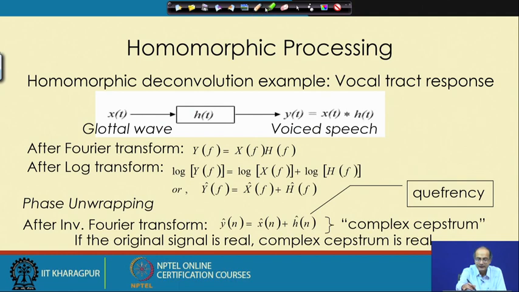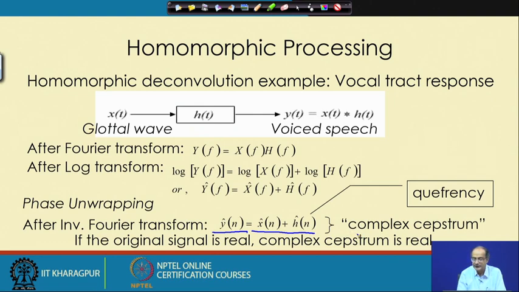and we get back the signal, which is given as y hat, the sum of x hat and h hat n. Here, however, we need to keep in mind that n cannot be said to be the same as the original n.